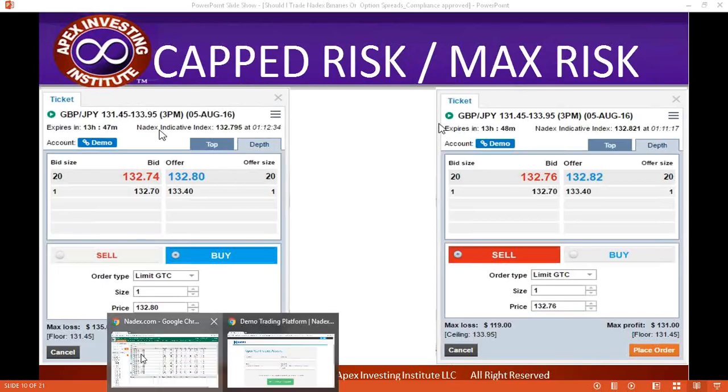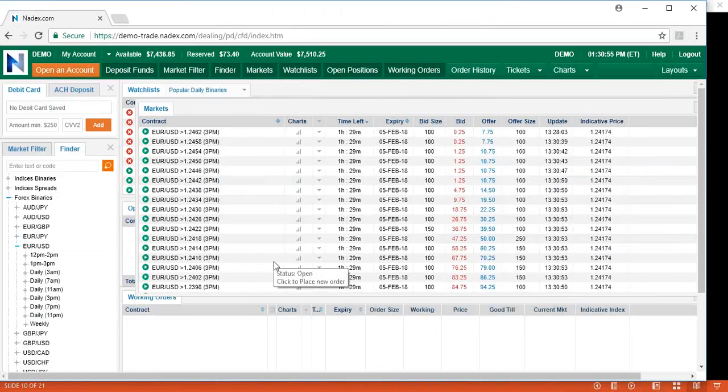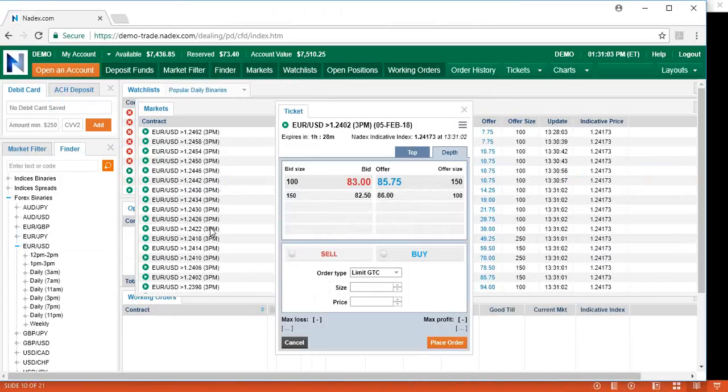Well, what do we look at over here on a binary? For example, here, if we'd gotten this binary, the strike at 24.22, the market's at 24.17. So if this market went up 5 ticks, let's say, well, what will we make then?